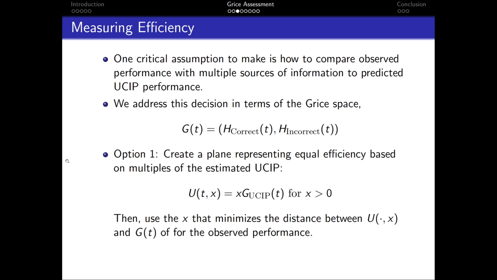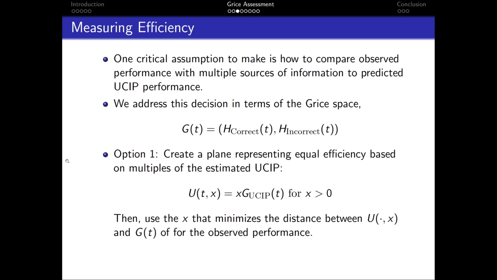One option for measuring efficiency in this space is to create a plane representing equal efficiency based on multiples of the estimated USIP. So here I represent that as a parametric curve where we've got both time for the G function, or Grice function, for the USIP model, and then x, where x would be any positive number.